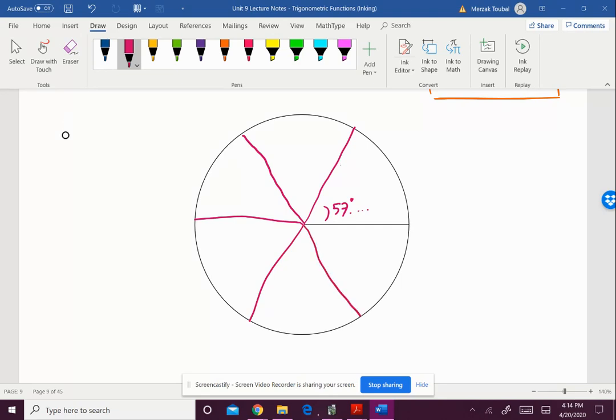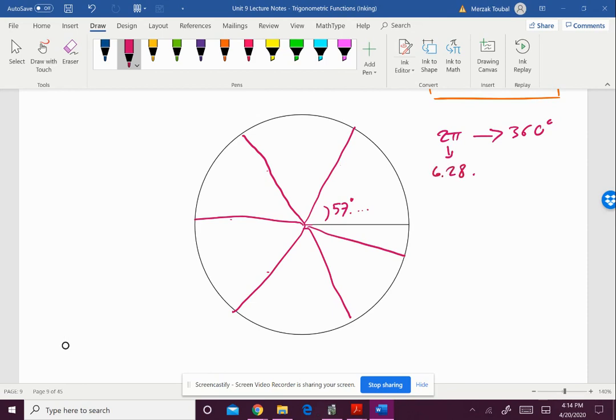So how many if we count? 1, 2, 3, 4, 5. I went a bit over. So 1, 2, 3, 4, 5, 6, and then this is the 6.28 and something, because we said 2 pi is equivalent to 360 degrees, and 2 pi is approximately 6.28 if we round to two decimal places.